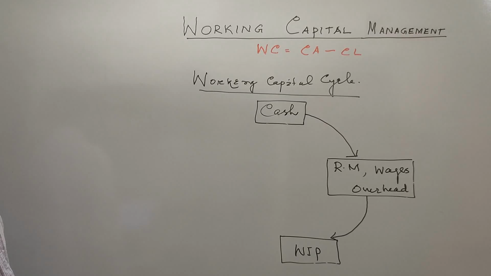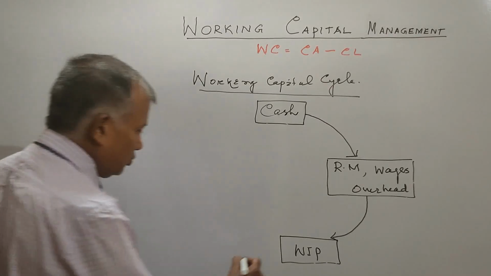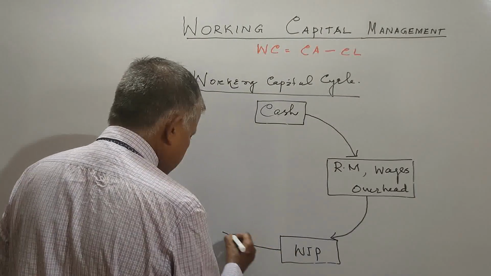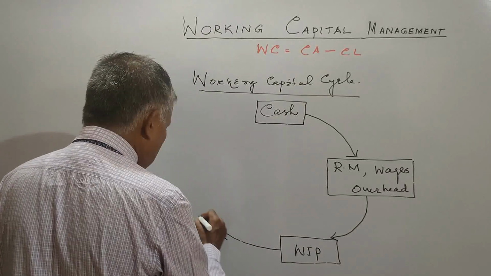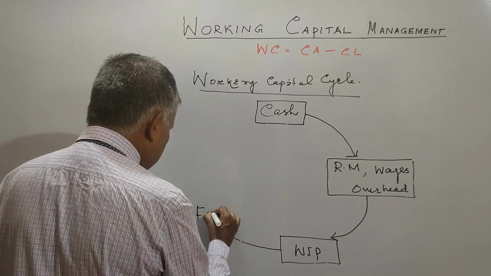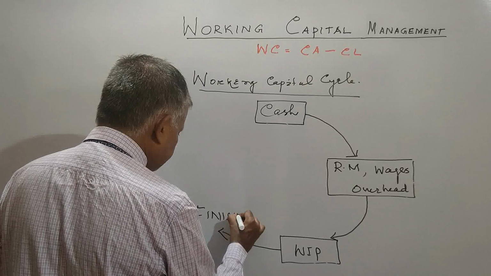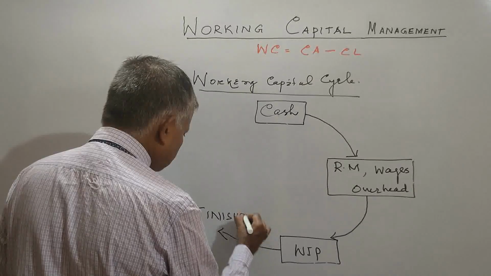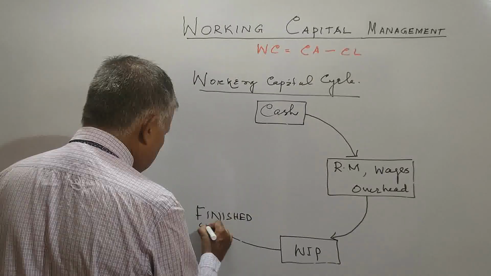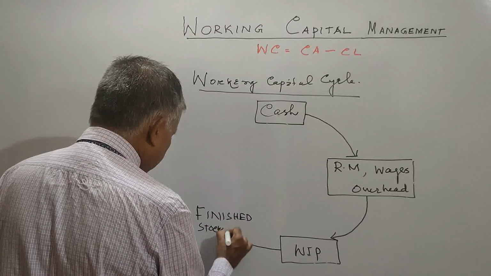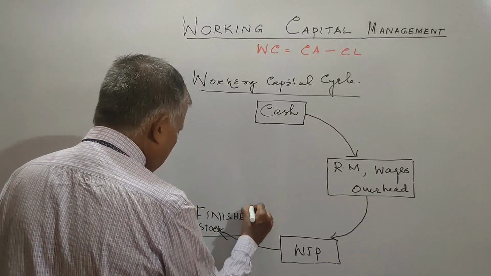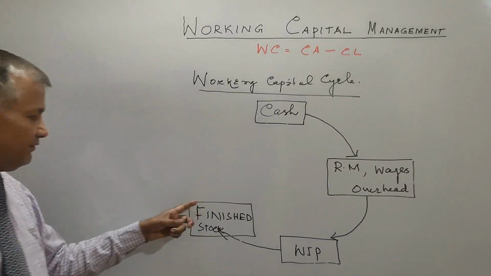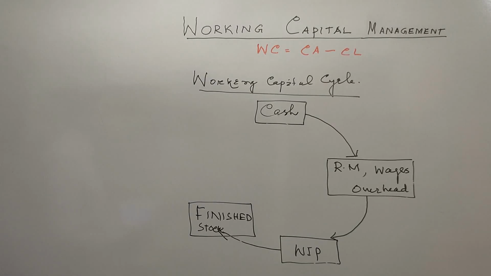From work in progress, the finished goods are produced. So we come to the finished stock. Finished stock means these are available for sale.